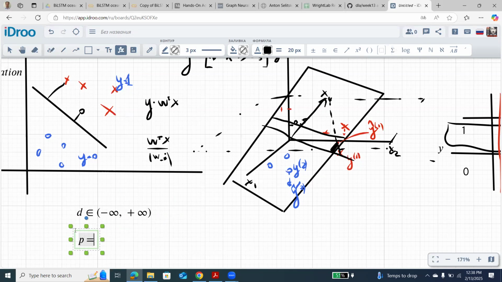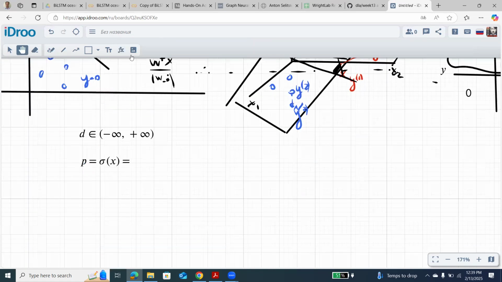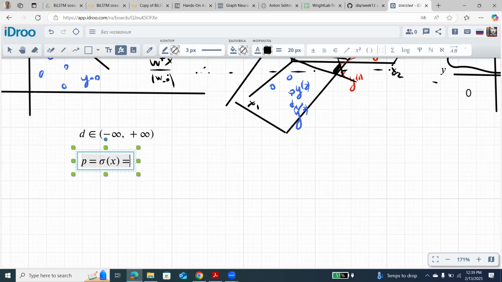You could use other functions, but if we use sigmoid function, then it's called logistic regression. So sigma, and the argument should be a distance, but I will use just x for now, just to write the mathematical expression for this function. E power x over 1 plus e power x.